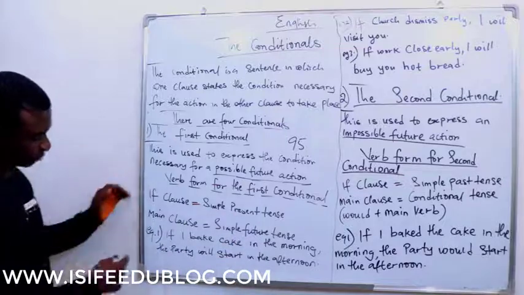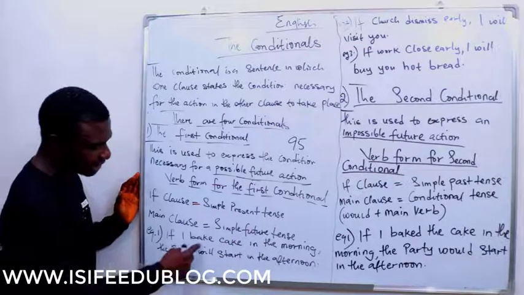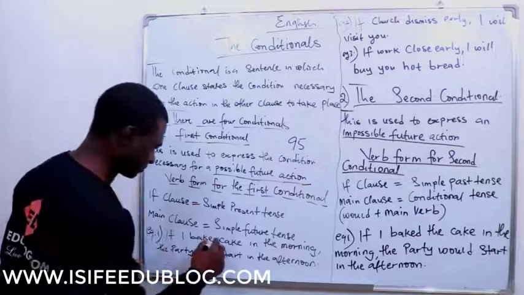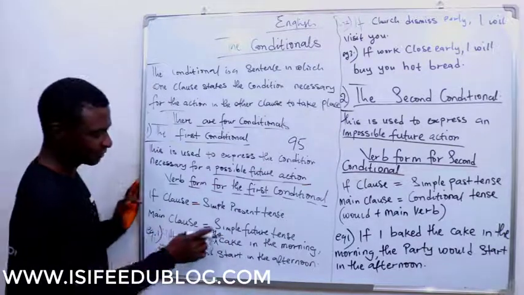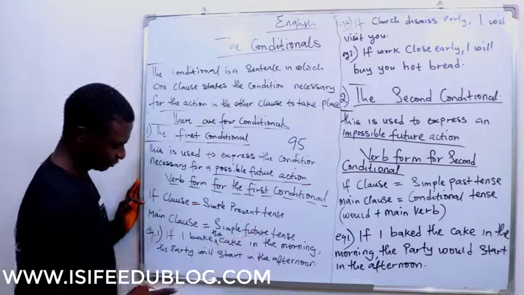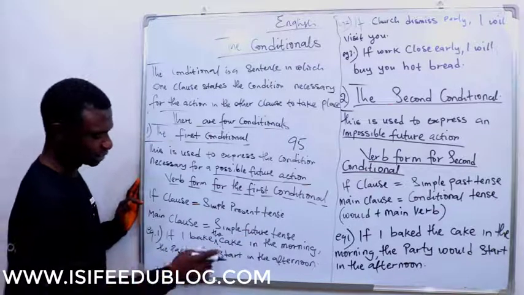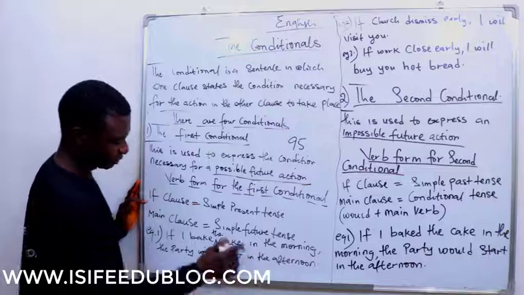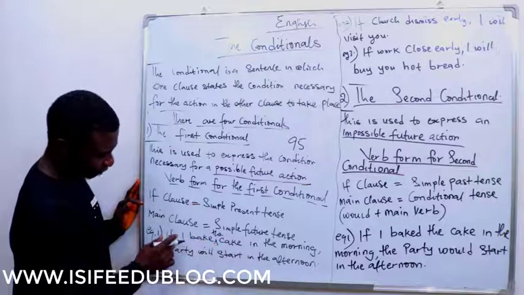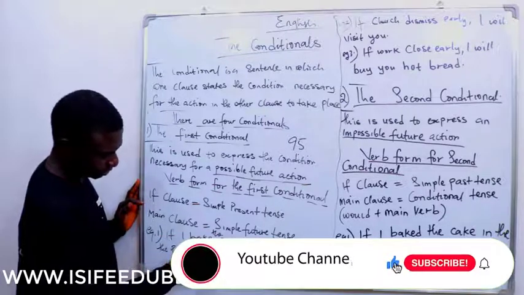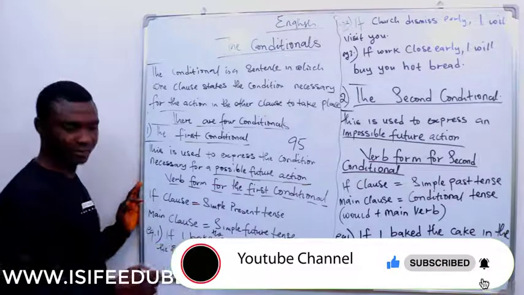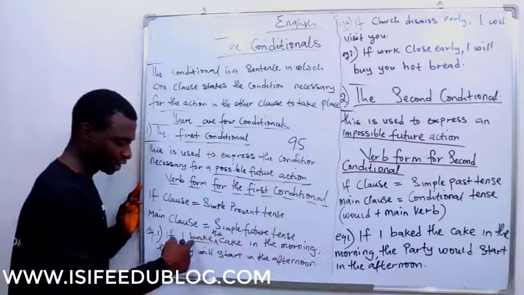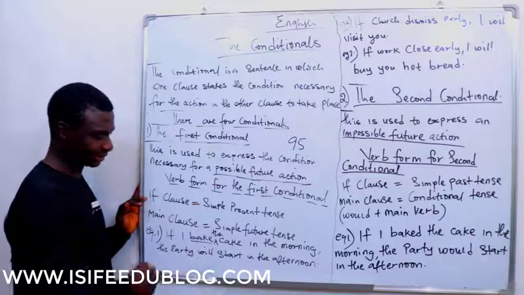Here is our example. If I bake the cake in the morning, the party will start in the afternoon. This is what we mean. The if clause is the first one and has the verb bake, which is simple present tense.